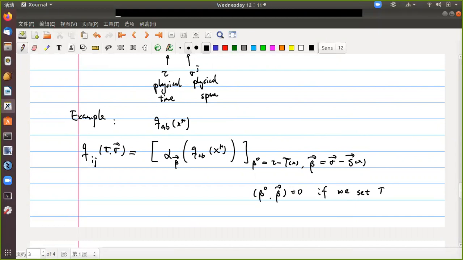It is a setup, a definition for parameter tau and parameter sigma.